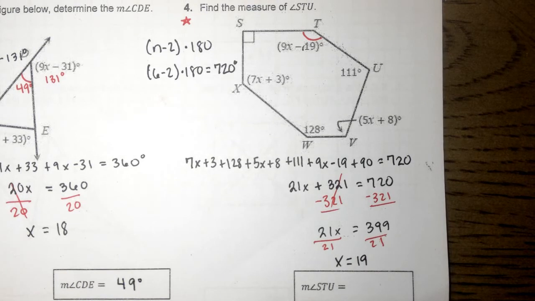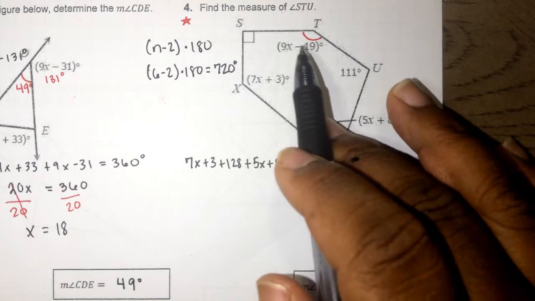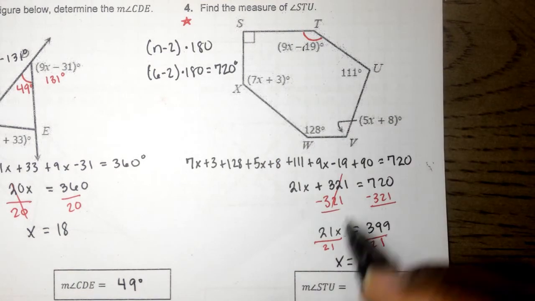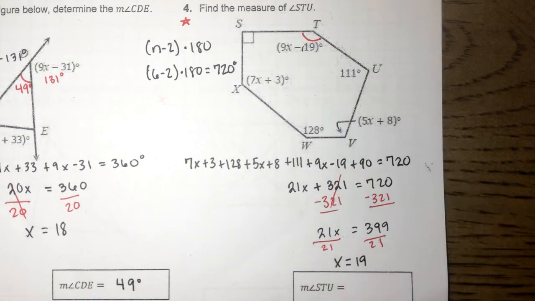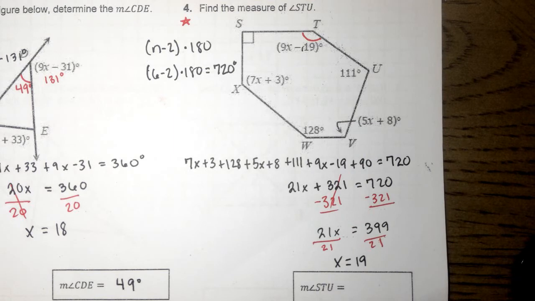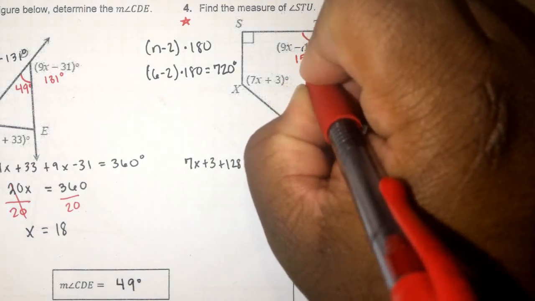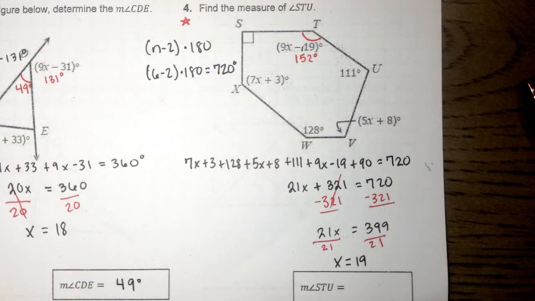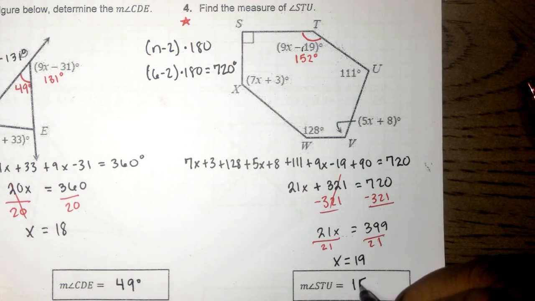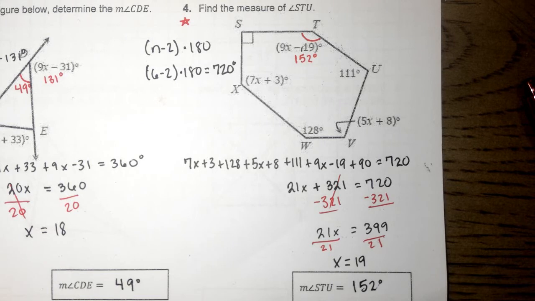Alright, so the value of x is 19, and then from there we need to plug back into this angle right here. Plugging back in this angle, 9 times 19 minus 19. When you do that, you get 152 degrees. So measure angle STU is 152 degrees.